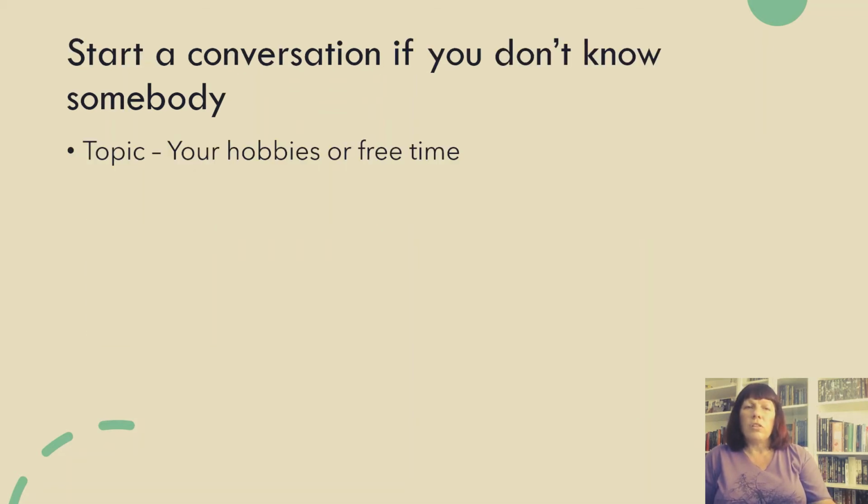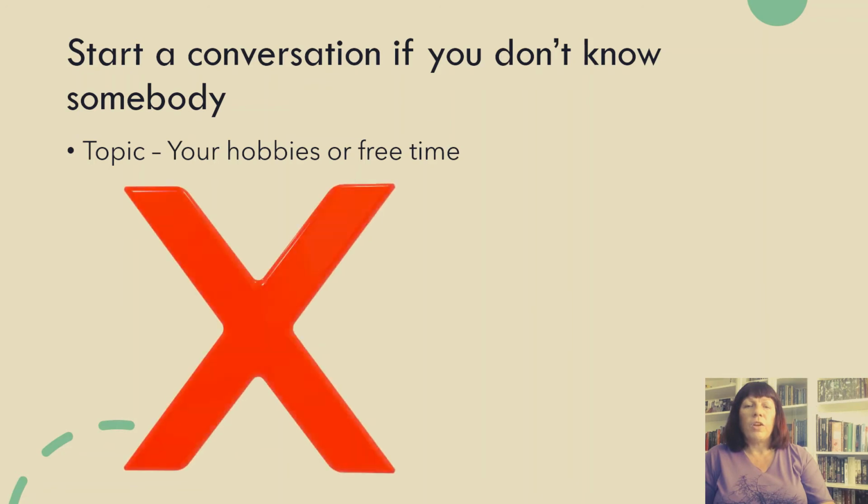So if you start a conversation, if you don't know somebody, can you start by talking about your free time? Hi, I've just been working for the last couple of weeks, so I've had some free time and I'm knitting. No, because you remember in your conversation, when you're speaking English to somebody that you don't know, you will be really using phrases like how are you, you want to get to know them.